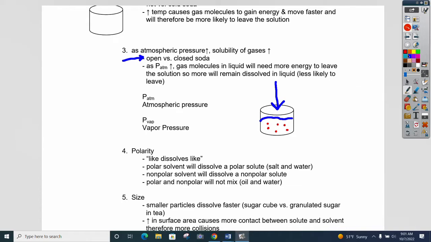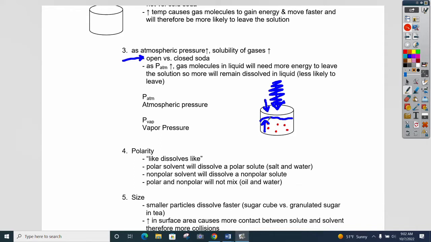As soon as you open that bottle, you are releasing that extra pressure. So now the only downward force that's exerted on the soda is just from the normal atmospheric pressure, the normal molecules that exist in the air around the soda bottle. So you have decreased atmospheric pressure, which means it is now easier for the molecules to leave the solution.